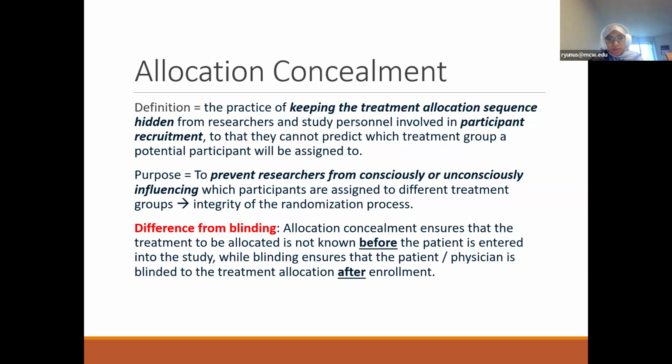Blinding, on the other hand, makes sure that the patient or the physician is blinded to the treatment allocation after enrollment into the study. So that's the main difference. The allocation concealment actually happens first because it occurs at the stage where you are recruiting or before recruitment. And blinding usually happens after you have enrolled your subjects into the study.